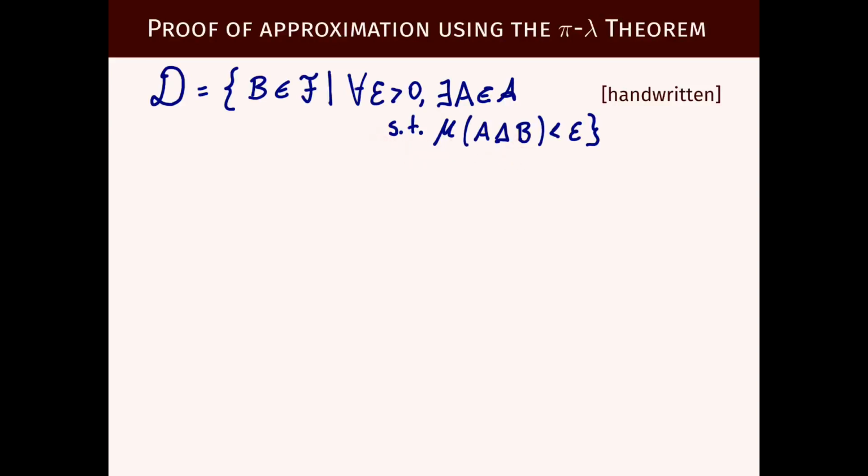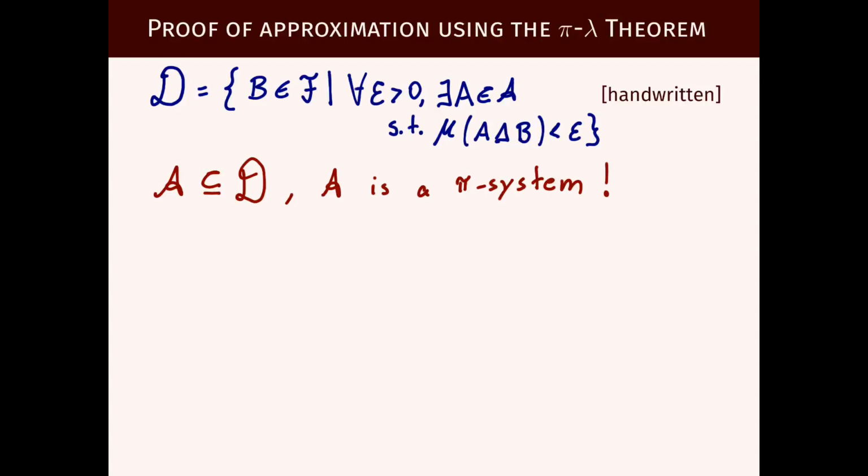To start this argument, we always look for a class that is contained in D and that has the structure of being a pi system. And then we finally use the pi-lambda theorem to conclude that D is large, so large that it contains the sigma algebra generated by it.